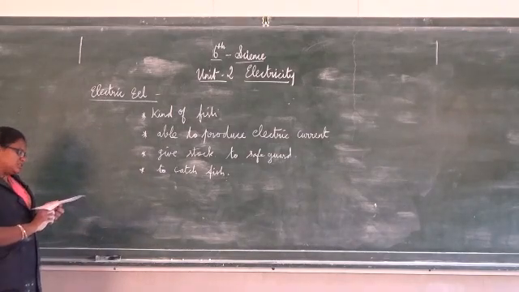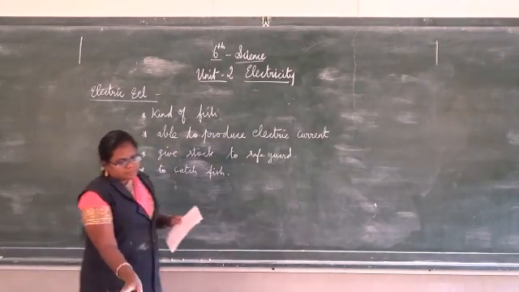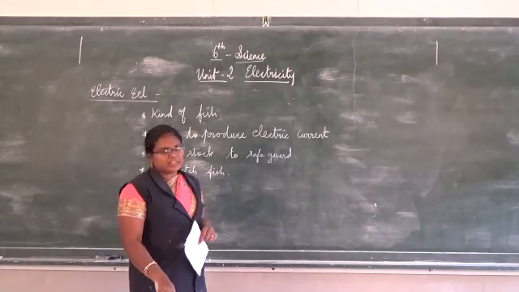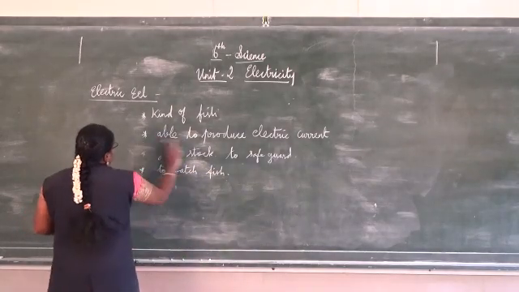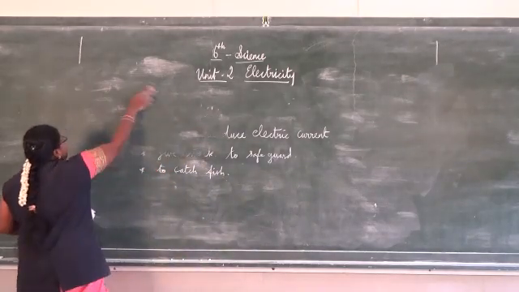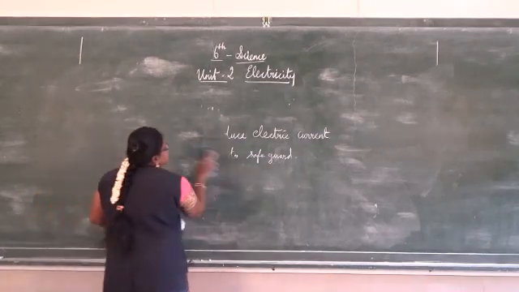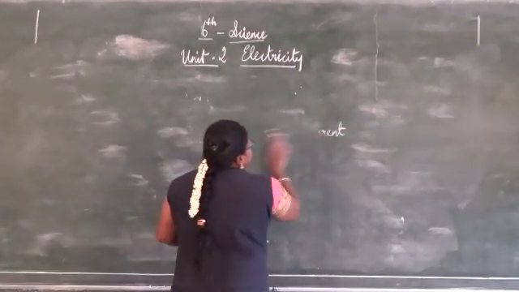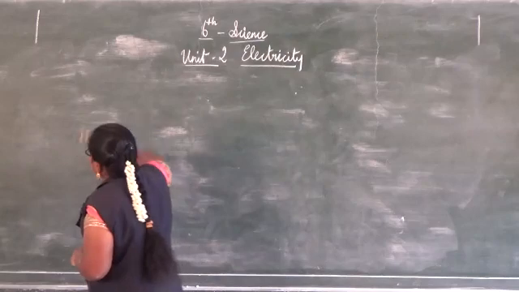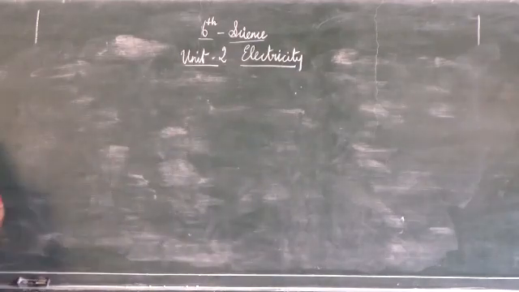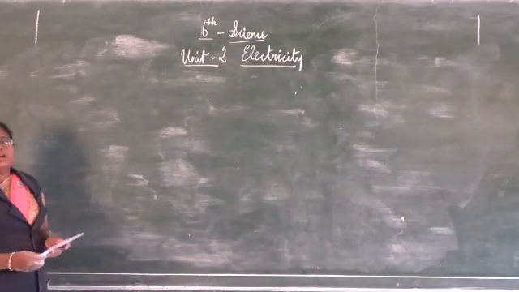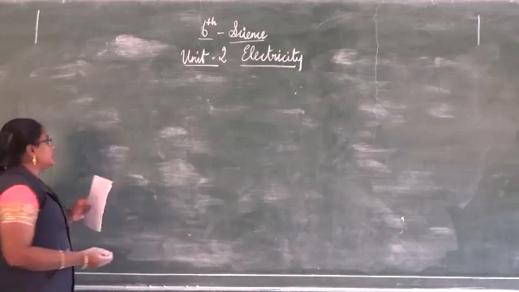Next we are going to see the ammeter. It is a device used to find the quantity of electric current passing through, that is, how much electric current is passing. This ammeter is helpful, understand?